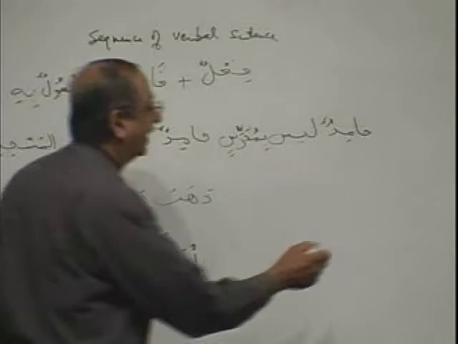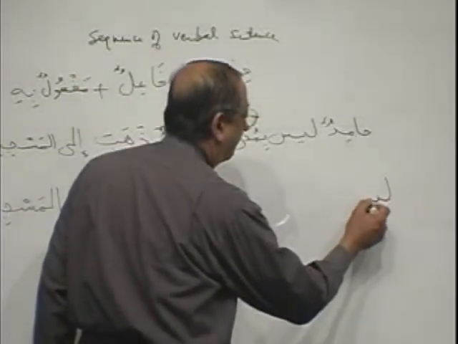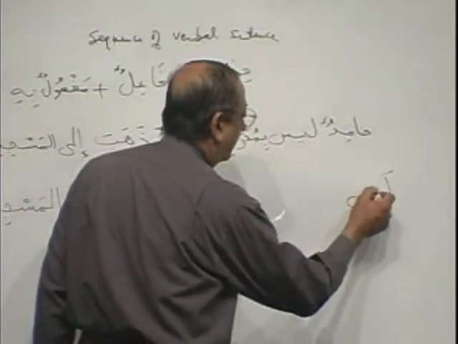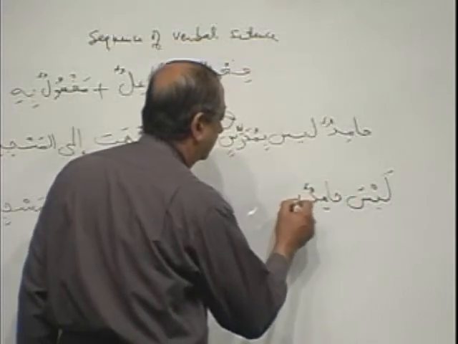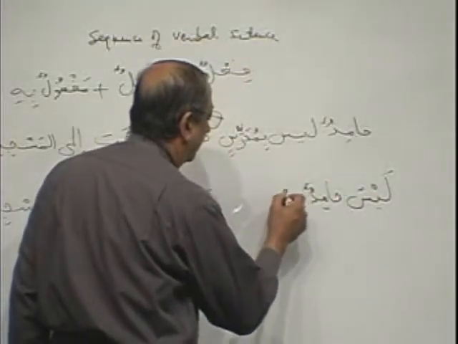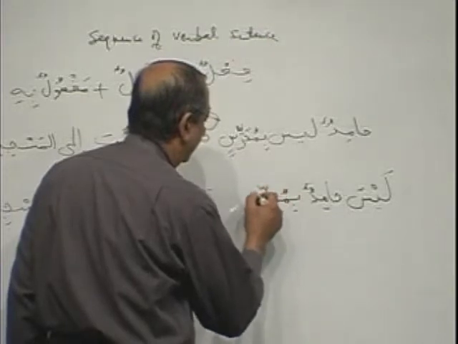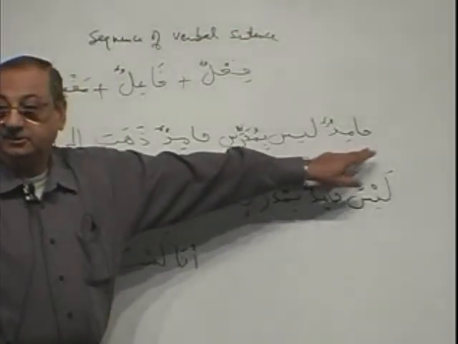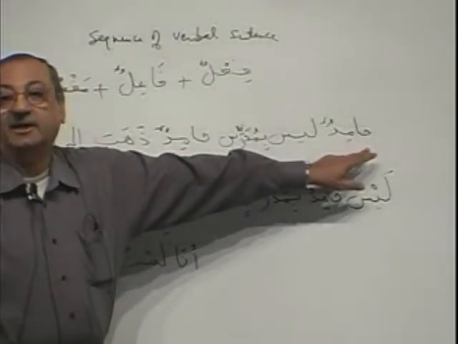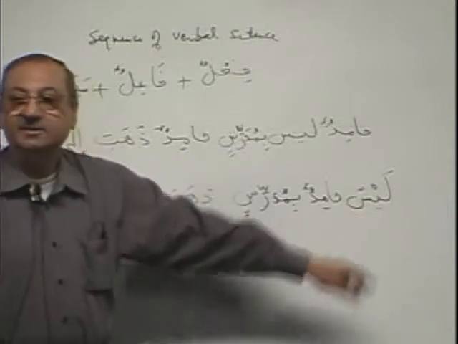Now if I say Laysa Hamidun bi mudarrisin. Now this is Jumla Ismiya. Sahi? Started with Hamid. What is this?